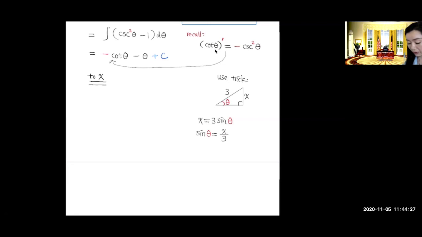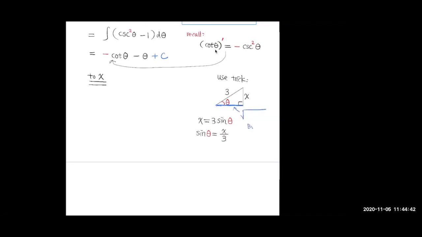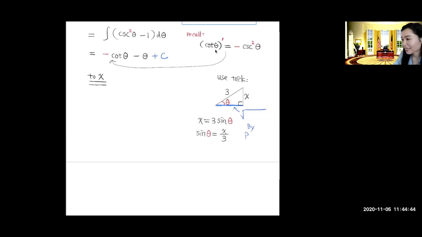Then what will be this adjacent side of this angle? By the Pythagorean theorem, it will be the square root of 3 squared minus x squared, which is 9 minus x squared.